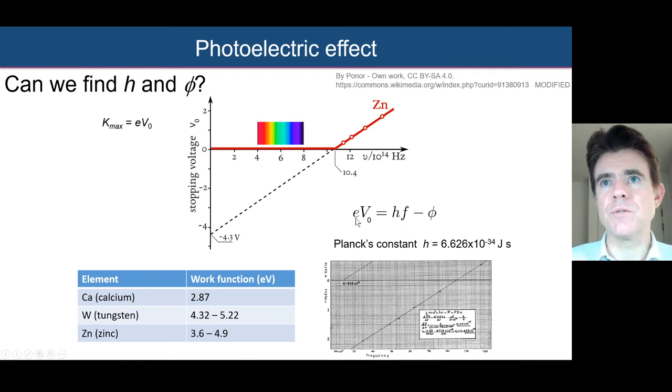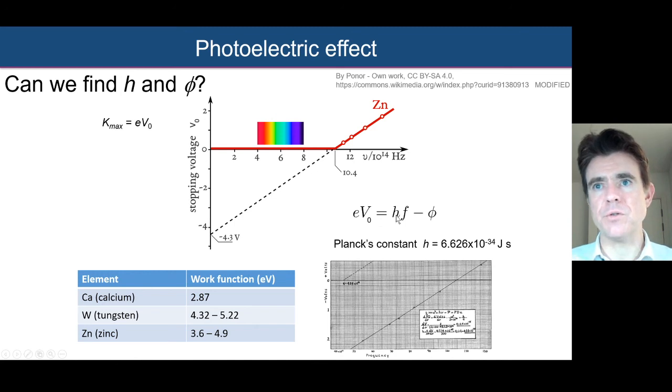But the point is, we're just trying to find two values here: Planck's constant h, which is the gradient of the line, and then phi, which is related to the intercept on the y-axis. If you do that, and here's an example of the kind of plot that was in fact done many, many years ago, you can come up with an estimate of Planck's constant. The modern day value is given by 6.626 times 10 to the minus 34 joule seconds.